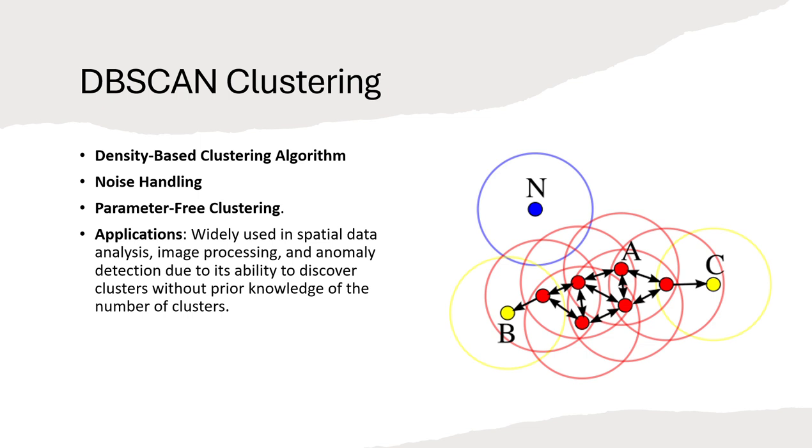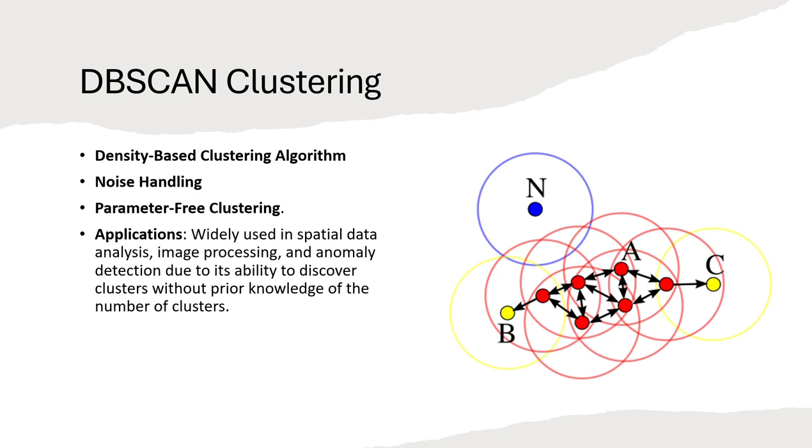We also use DBSCAN clustering for the system algorithm, which is a density-based clustering algorithm that also handles noise and can separate points. It doesn't need to set the k value for clustering, unlike k-means.